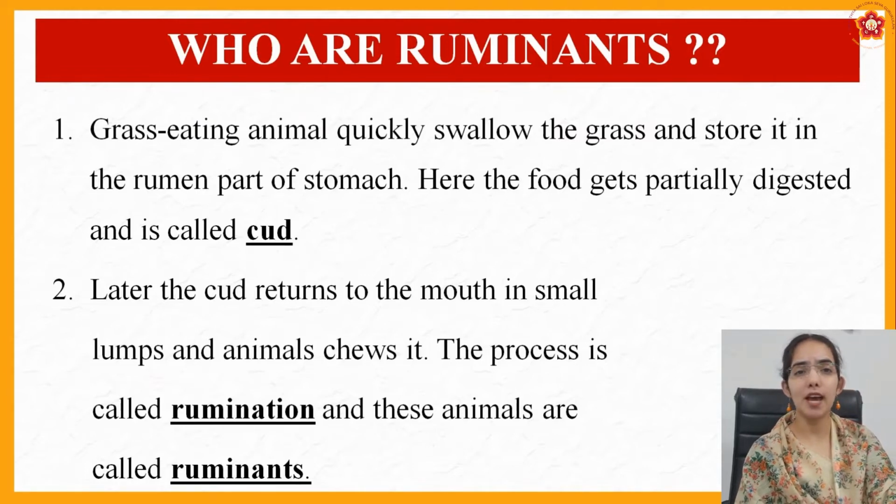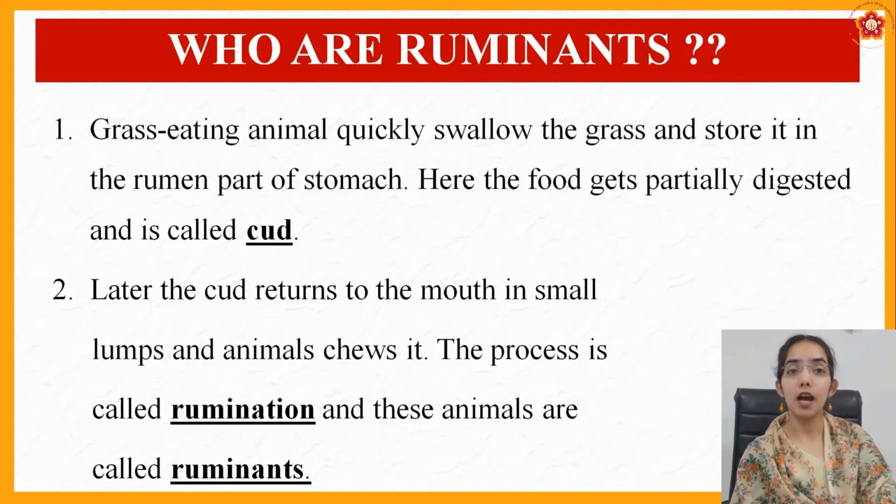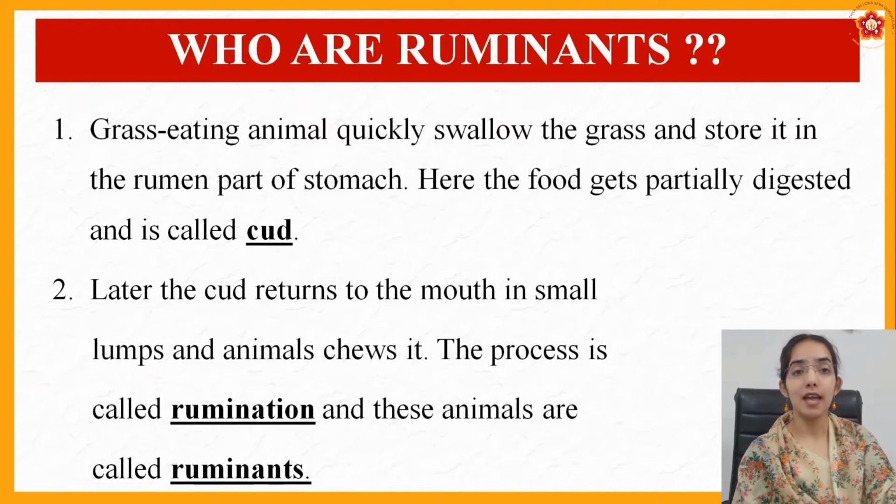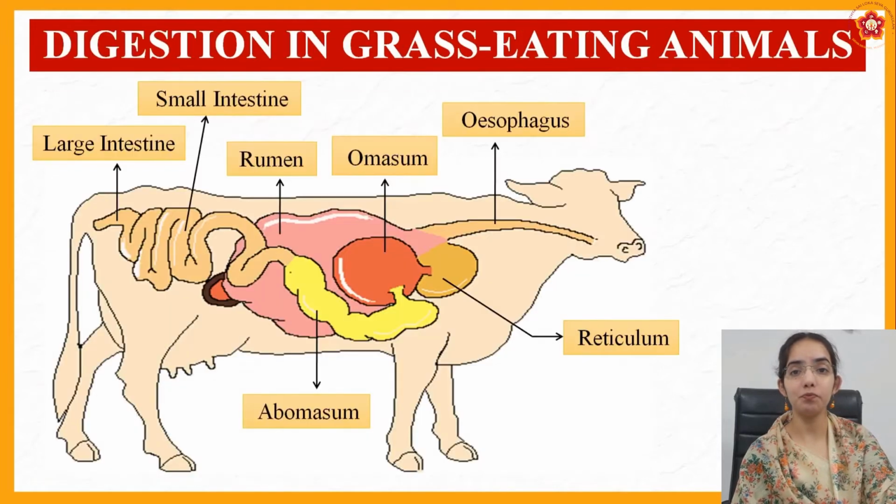This partially digested food is called cud. Now this cud will again go back into the mouth, and this time they'll chew it properly. This process is called rumination, and the animals who do it are called ruminants. I hope it is clear to you.